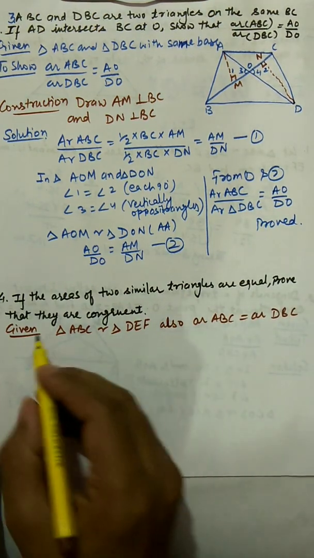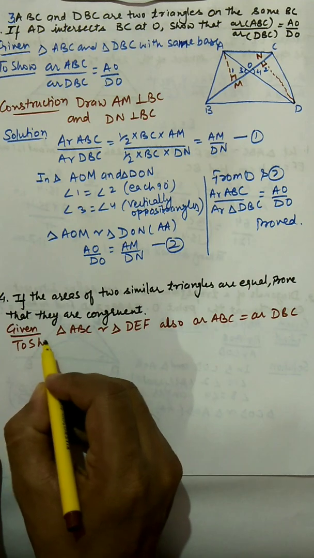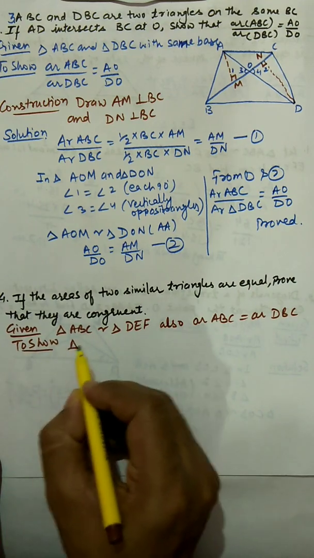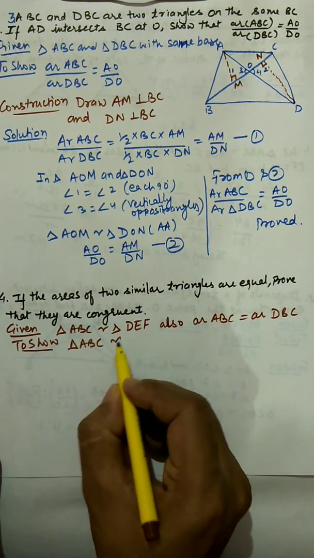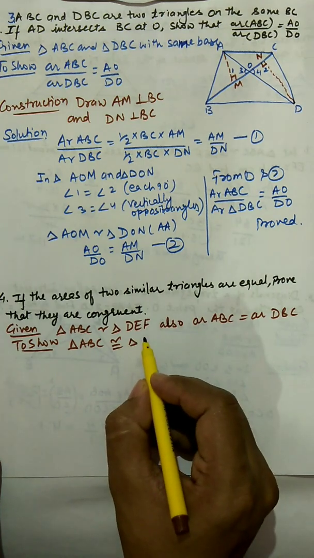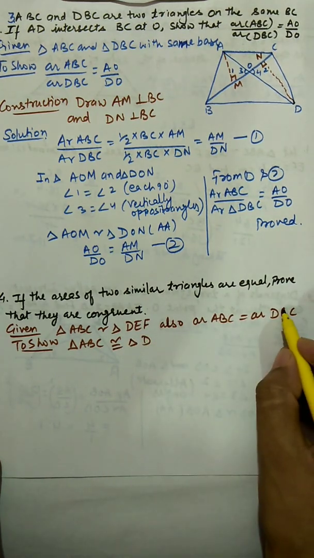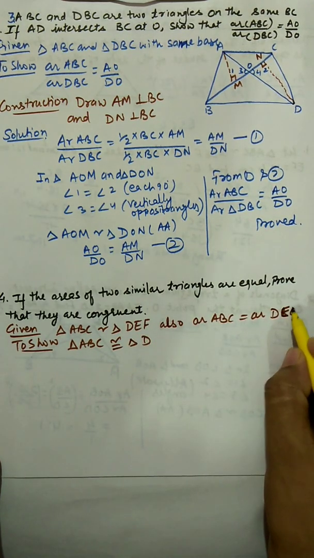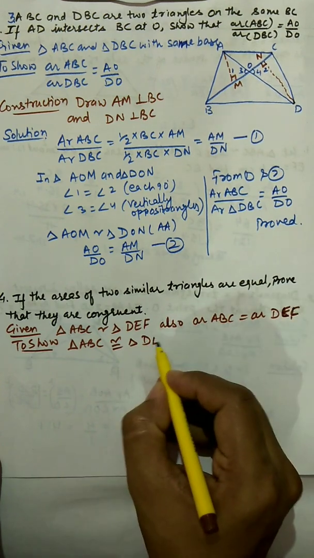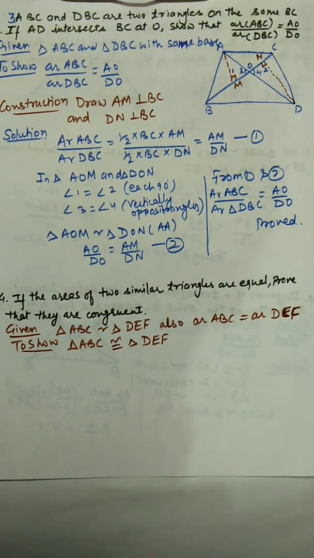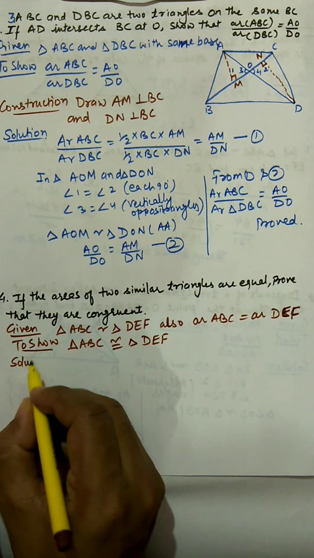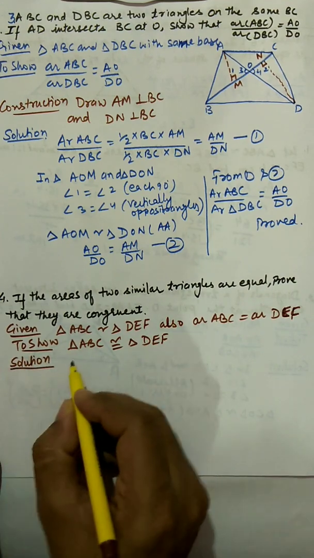This is given to you. To show, what you have to do is show that triangle ABC is congruent to triangle DEF. So we write the solution and we can start from here.